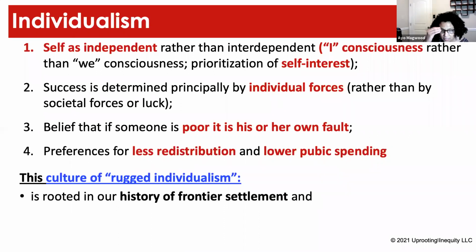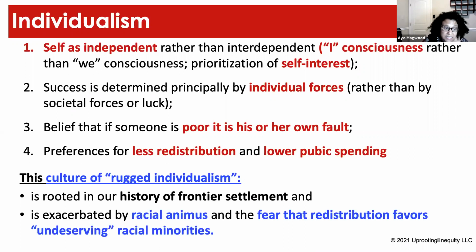All countries with a strong history of frontier settlements tend to have this rugged individualism, but we had possibly the most frontier settlement, and so that's why we have this rugged individualism. But pretty much all the historians and economists also point out that the second reason is that it is exacerbated by racial animus and the fear that redistribution favors, quote unquote, undeserving racial minorities.